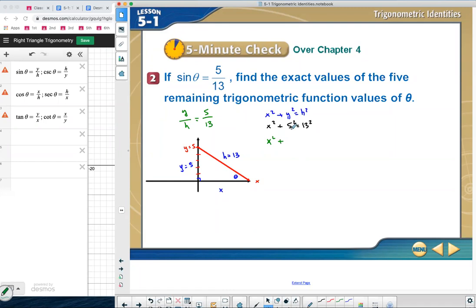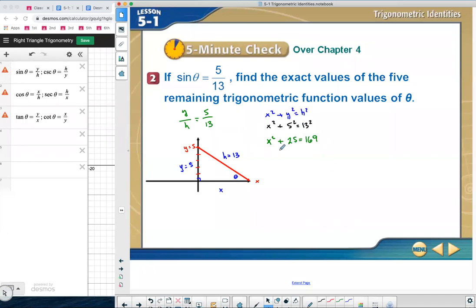What do we get for 5 squared? 25. Very good. I heard a lot of 25s there. And what about for 13 squared? A little bit harder. How about 169?